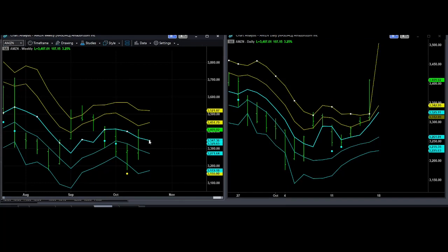This is $3,349, and it may have a little bit more momentum, may drop to this region and then go back to this region. So the stock price fluctuation range will be in this region.